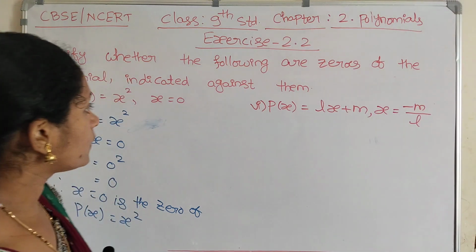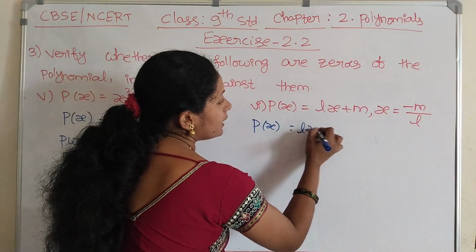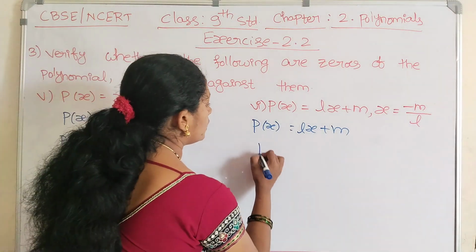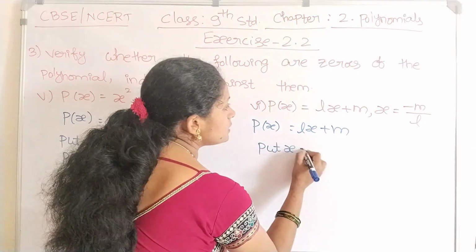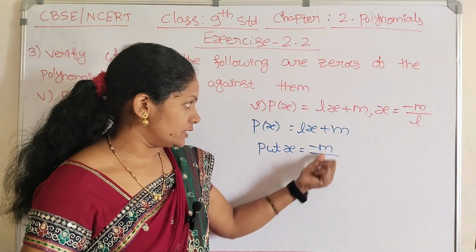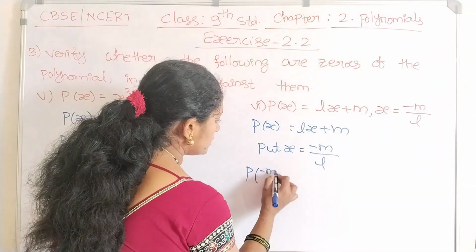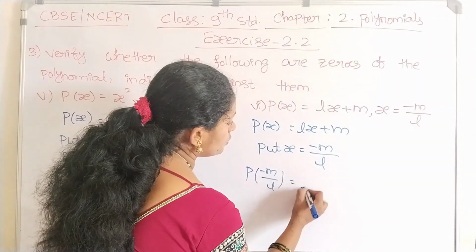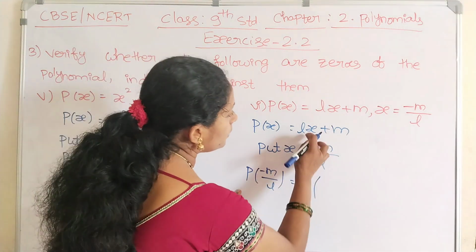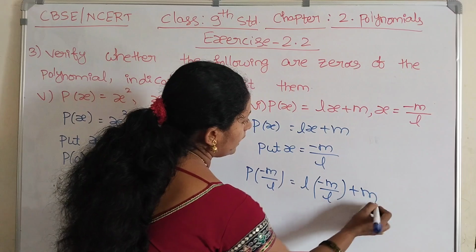Next, P of x is equal to Lx plus m. This is given to us. Now put x is equal to minus m by L. Wherever x is there, we have to substitute minus m by L. P of minus m by L equals L into, at the place of x we write minus m by L, plus m.